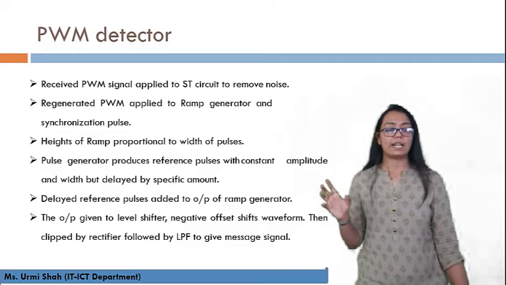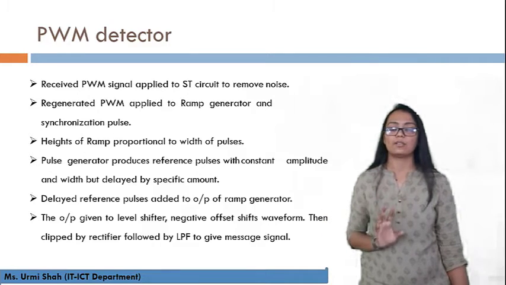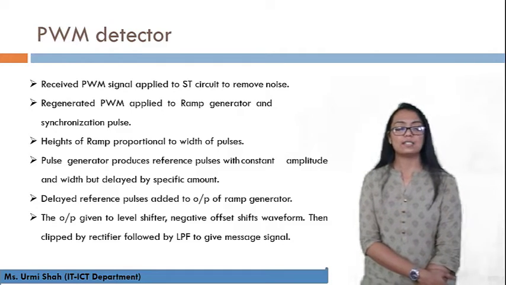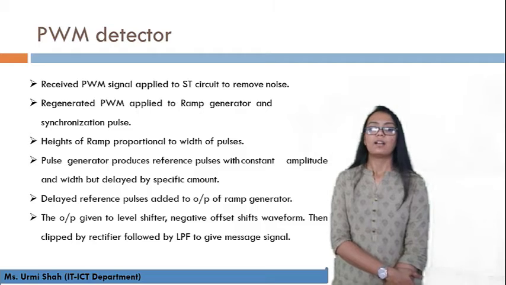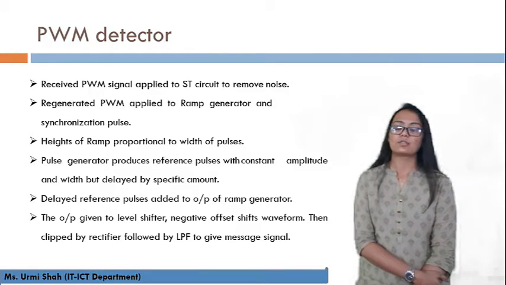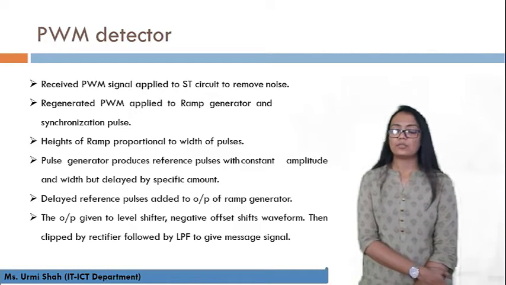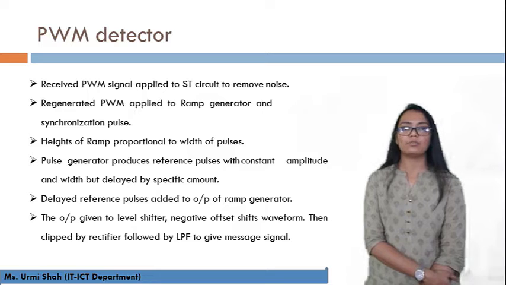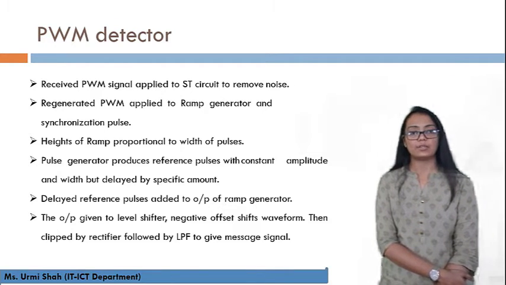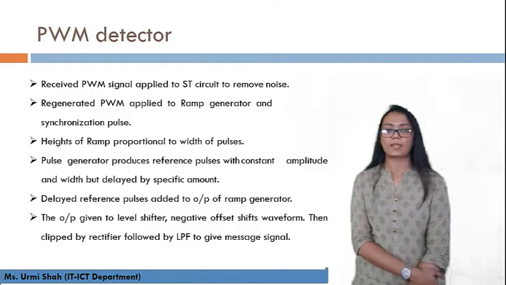So at receiver end, it is a must requirement to keep such circuitry that can remove the noise which had been accidentally entered into our transmitted signal. So for that we have a Schmitt trigger circuitry over here. Further, the regenerated PWM signal will be applied to the ramp generator, and it will be also applied to synchronization pulse.